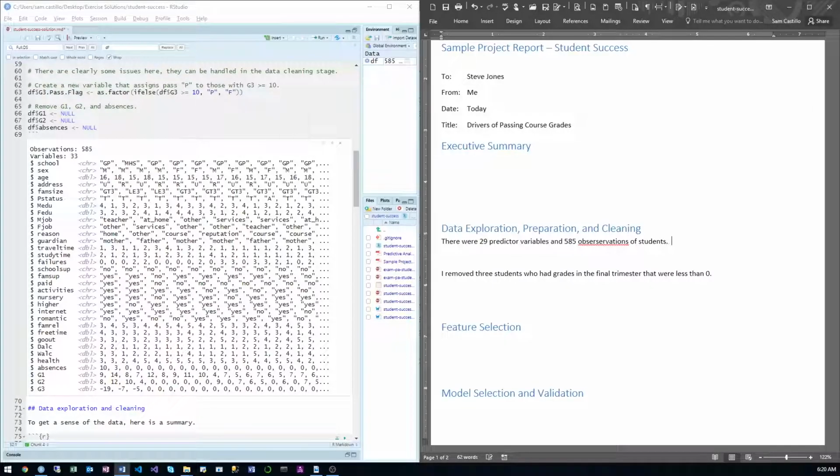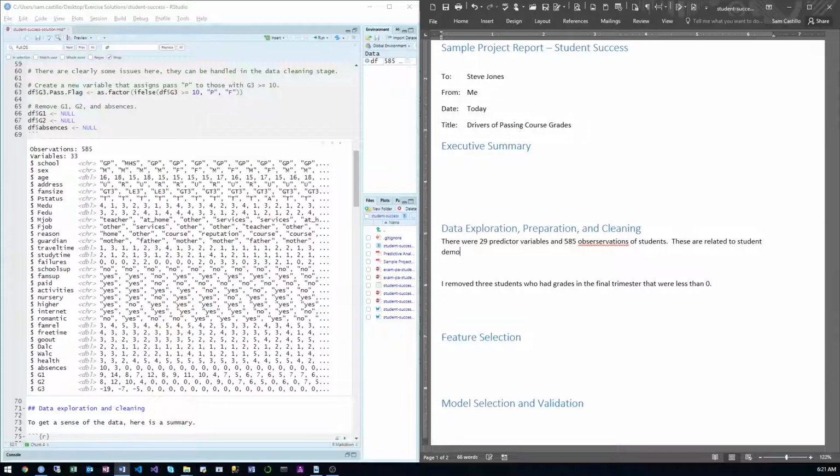I'm not going to worry about fixing spelling because I could do this at the end. I'm just going to use the word review grammar and spelling at the very end. So these are related to student demographics and lifestyle.